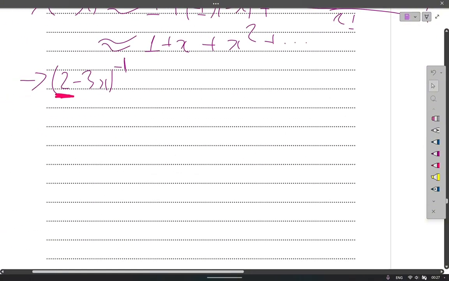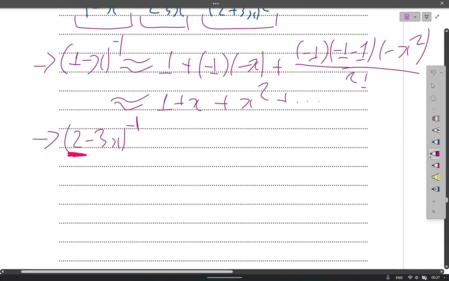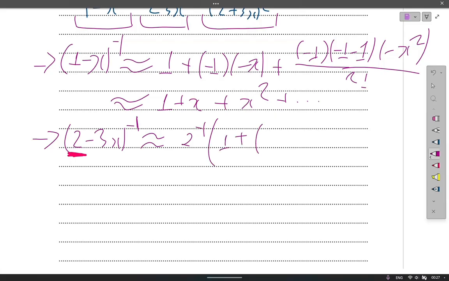So using the formula, this equation becomes this one, and we approximate.